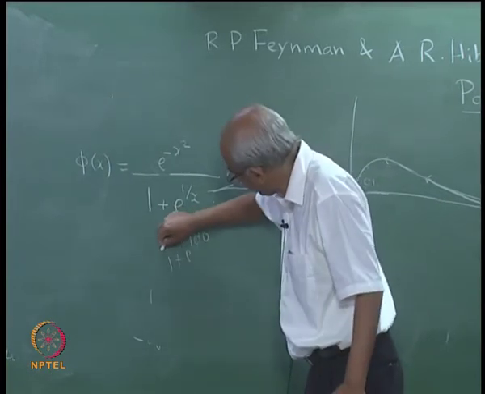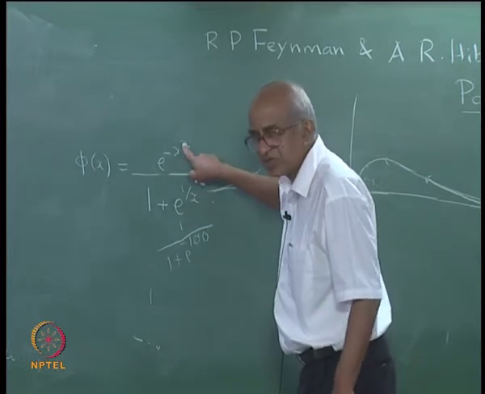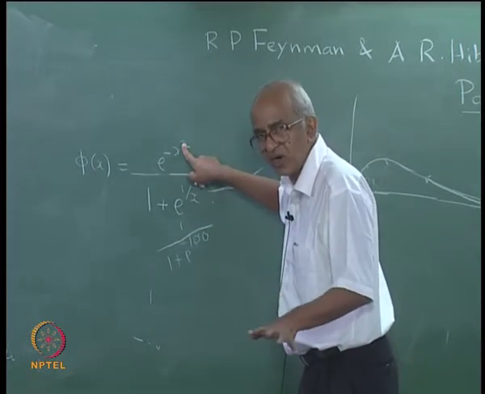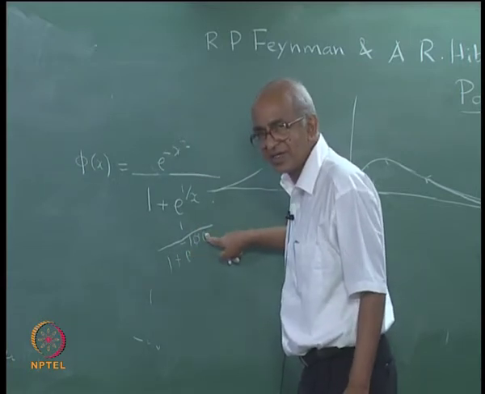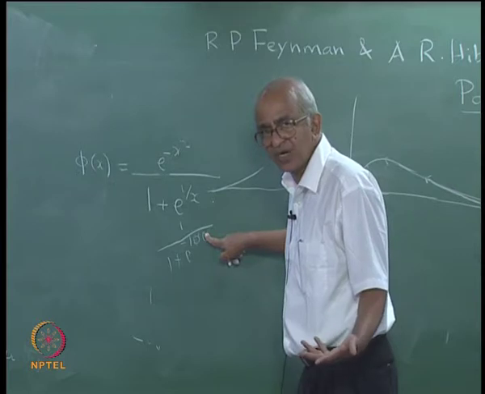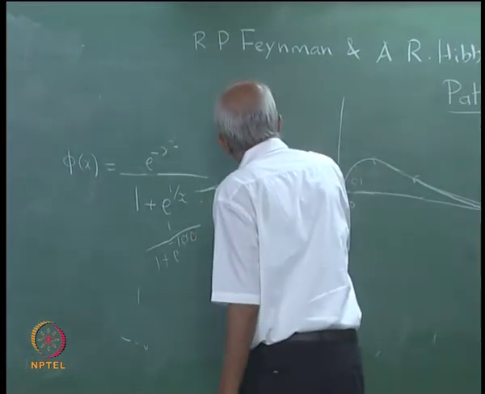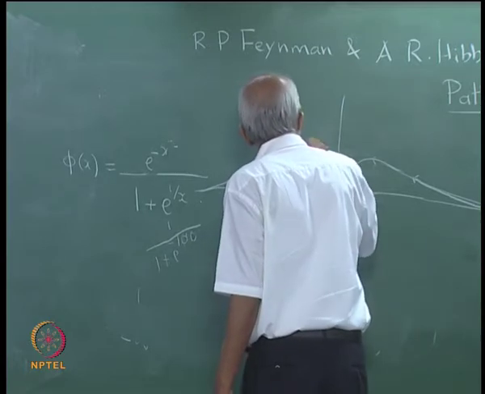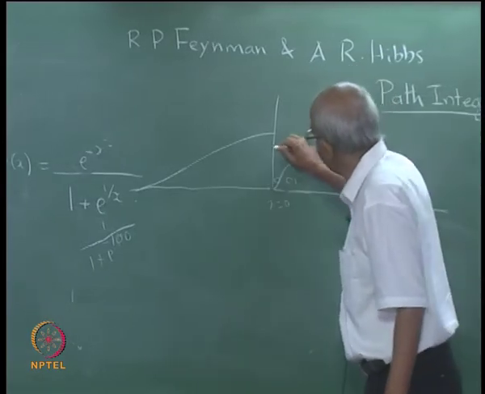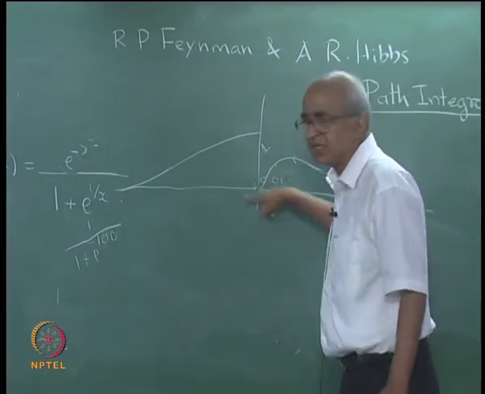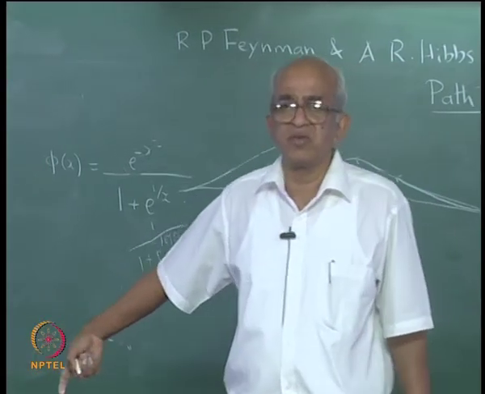So, you will have 1, and in the numerator you see x is very small, so e to the power of minus x square is almost 1. So, you will have 1 divided by 1 plus e to the power of minus 100, and how much is that? It is 1. So, as you approach x equal to 0 from the negative side, what happens? The function actually behaves like this. It approaches unity if you are approaching from the negative side, while it approaches 0 if you are approaching from the positive side.